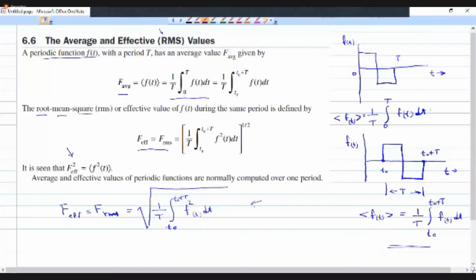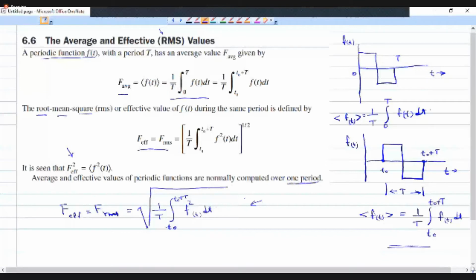So it is sufficient to find the average and RMS value of only one cycle. That will be the same throughout because they are repeated patterns. It is not going to change. That is the meaning of this: we need to find values only over one period.